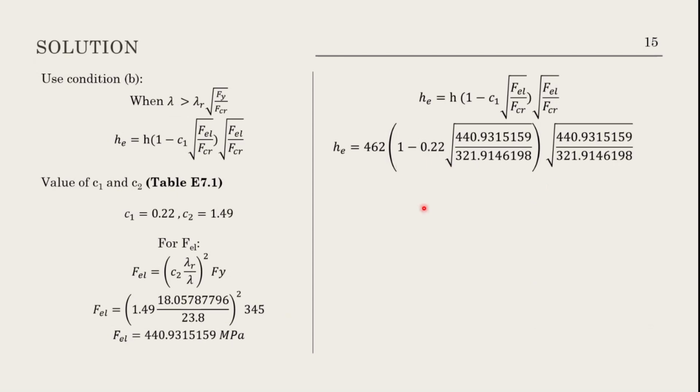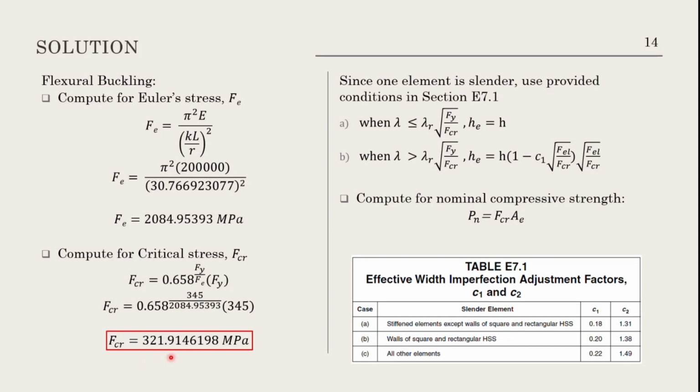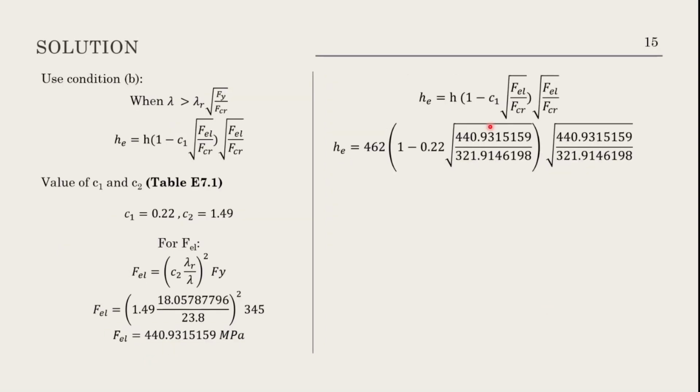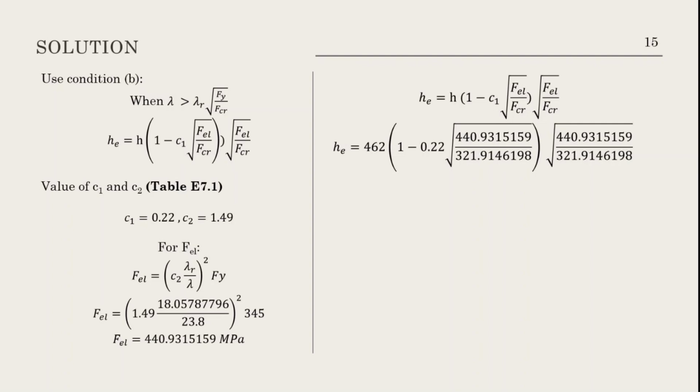And then we substitute the FEL and the computed FCR. So remember, 321 is the computed FCR. Okay, so let's check this one. Try to compute first. And so let's compute this one.